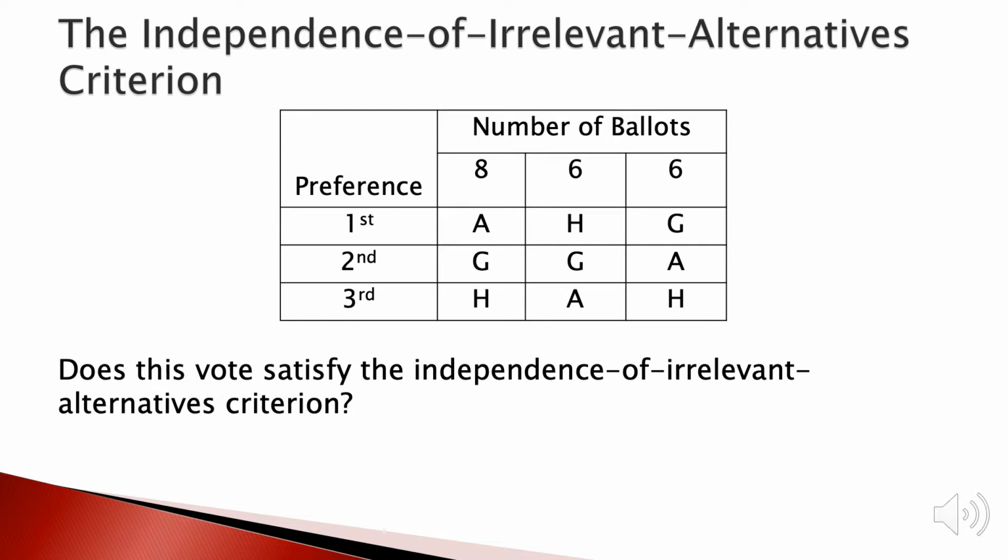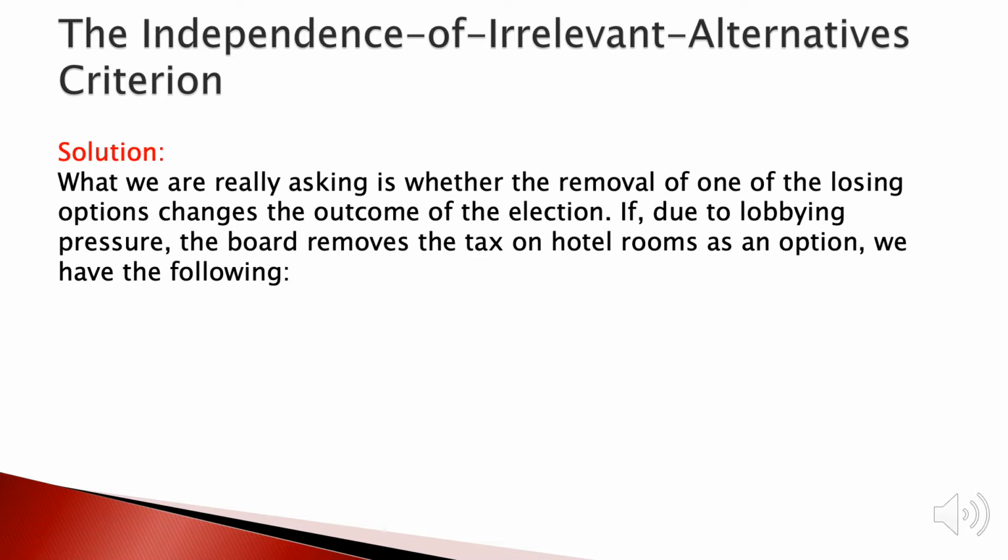From the preference table, it's clear that A should be the winner because it has the most first preference votes. So what we are really asking is whether the removal of one of the losing options changes the outcome of the election. Suppose now we remove H from the preference table.